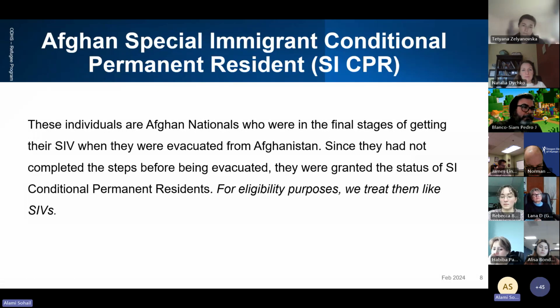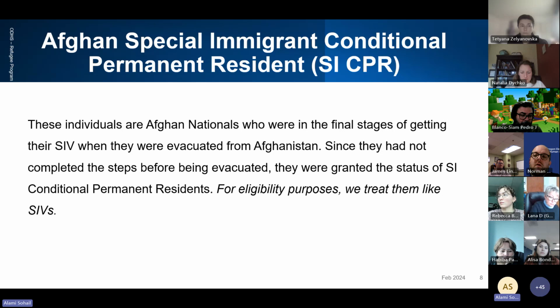Afghan Special Immigrant Conditional Permanent Residence. This was created specifically during the evacuation for Afghan individuals who had applied for an SIV before being evacuated from Afghanistan, but hadn't gone through the whole process of being granted that status. So what happened was they were paroled into the U.S., and then depending on what stage of the SIV process they were in, they were either granted SI conditional permanent resident status or they were granted SQ/SI parole.